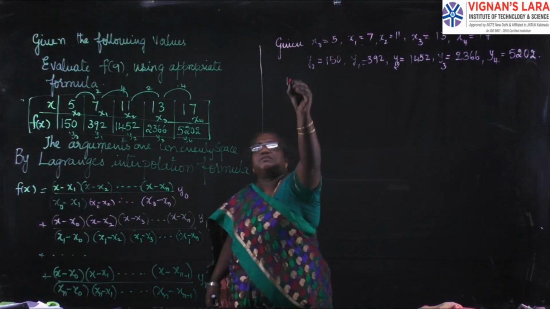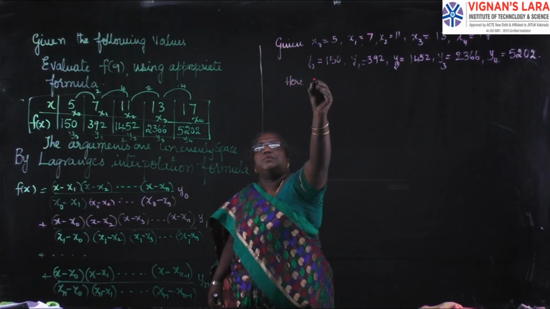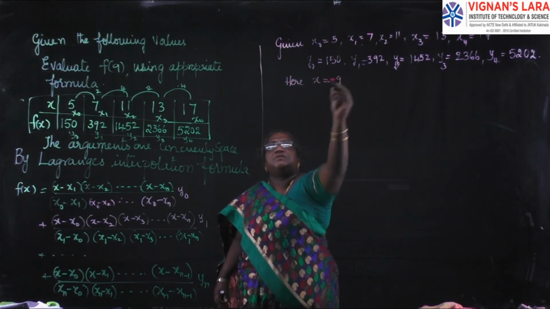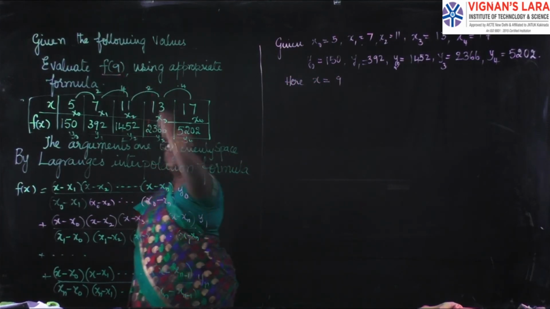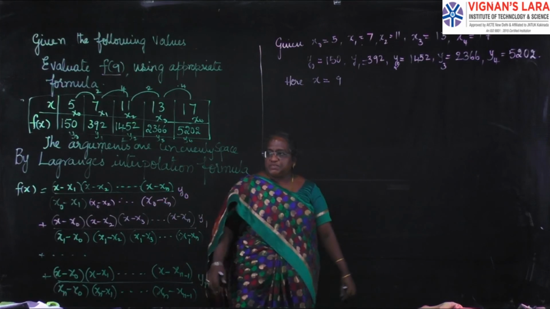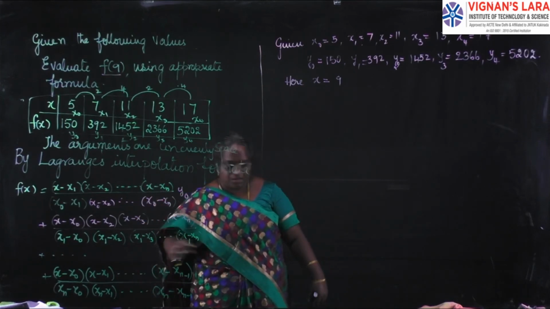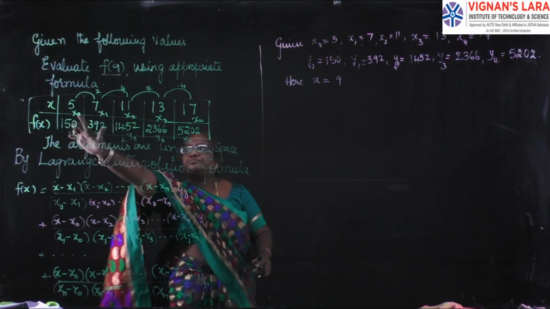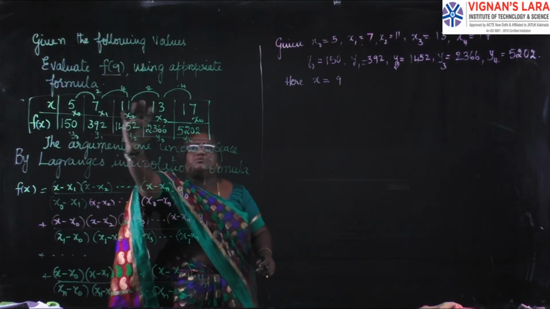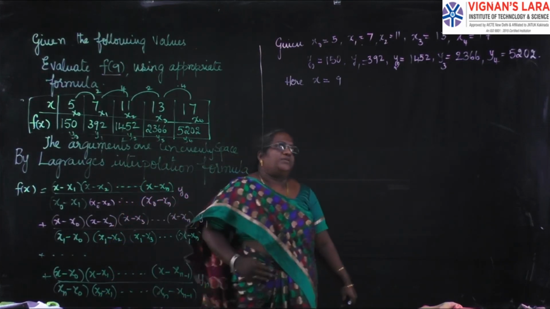He didn't ask us to find the polynomial. So in place of x we will substitute 9, because he asked us to find f of 9. Put x equal to 9 in this. How many terms will you get here? Because we were given x0, x1, x2, x3, x4, we will get 5 terms.